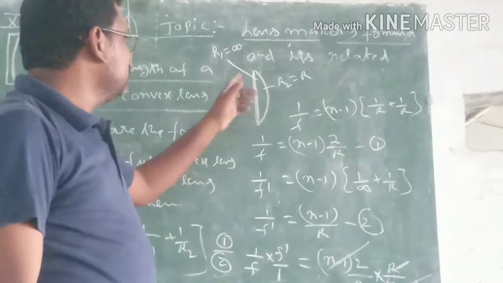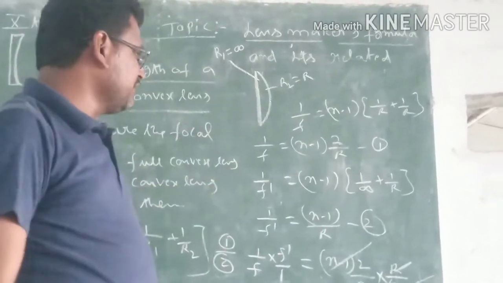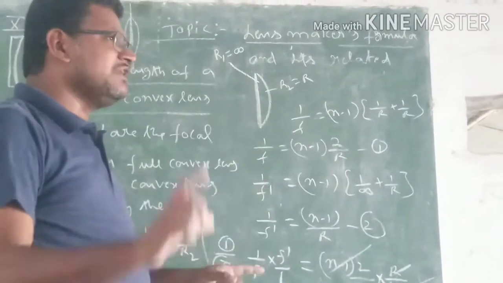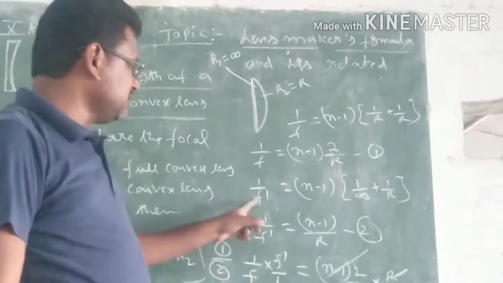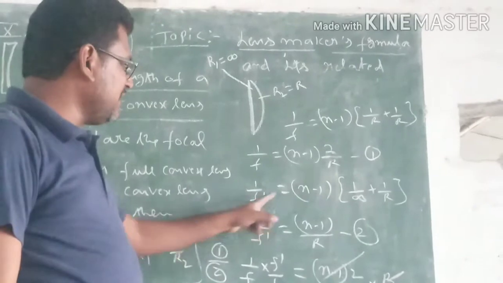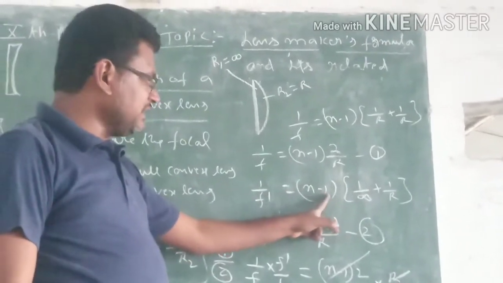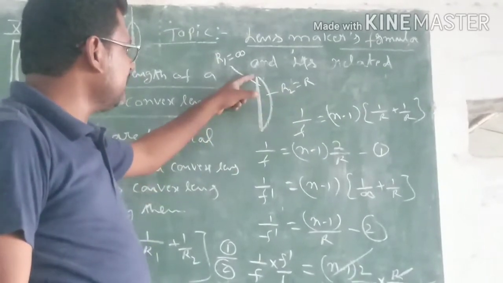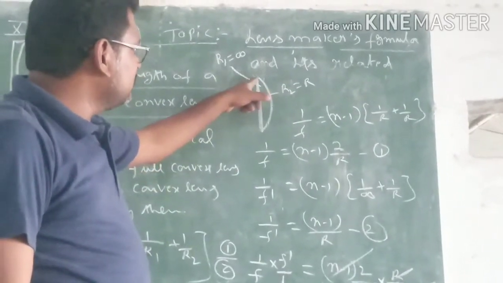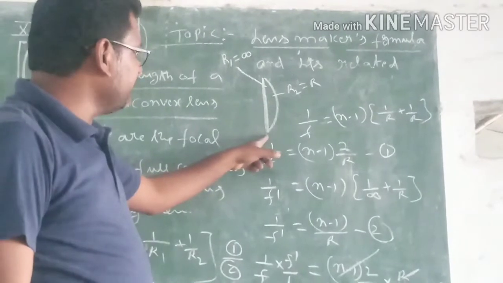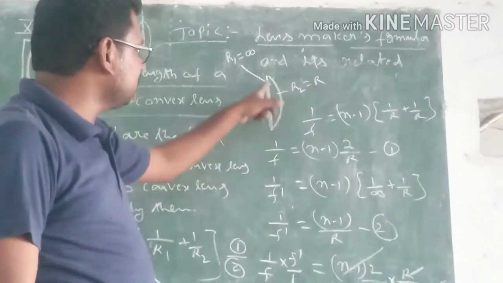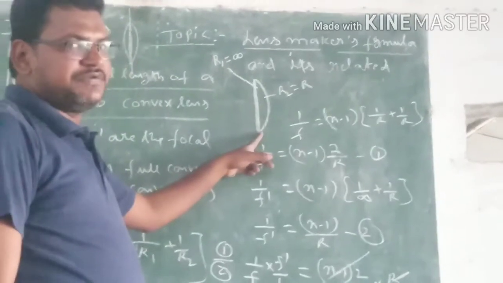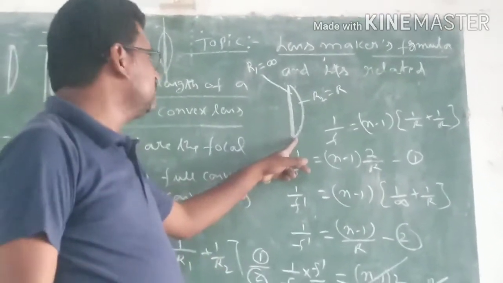Next, suppose the lens is cut into two equal halves, and let the focal length of each half lens be f dash. Then 1 by f dash is equal to n minus 1 into the two radii. In a plano-convex lens, one surface is plane and the other is convex.